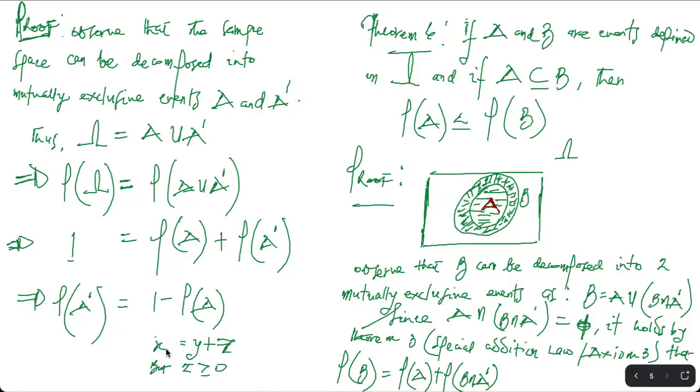This means that x would be greater than or equal to y. That's the implication. So if the probability of B is equal to the probability of A plus the probability of B intersection A prime, then we can infer that this will be greater than or equal to the probability of A.